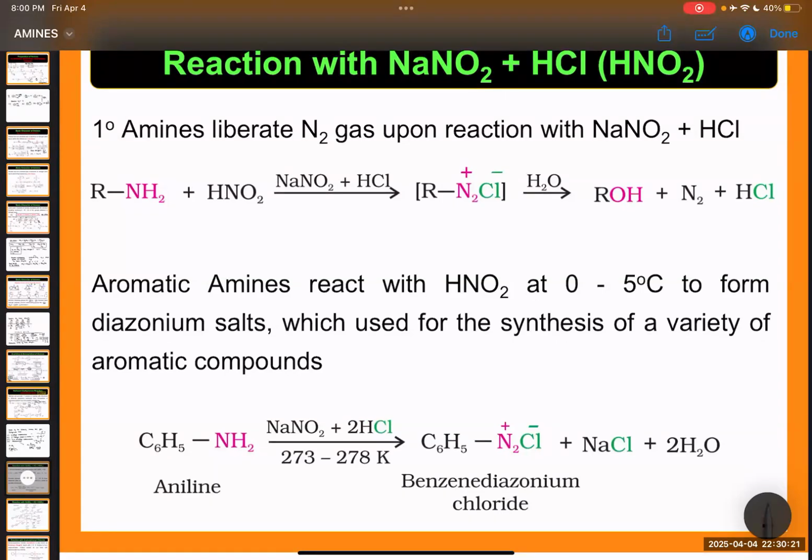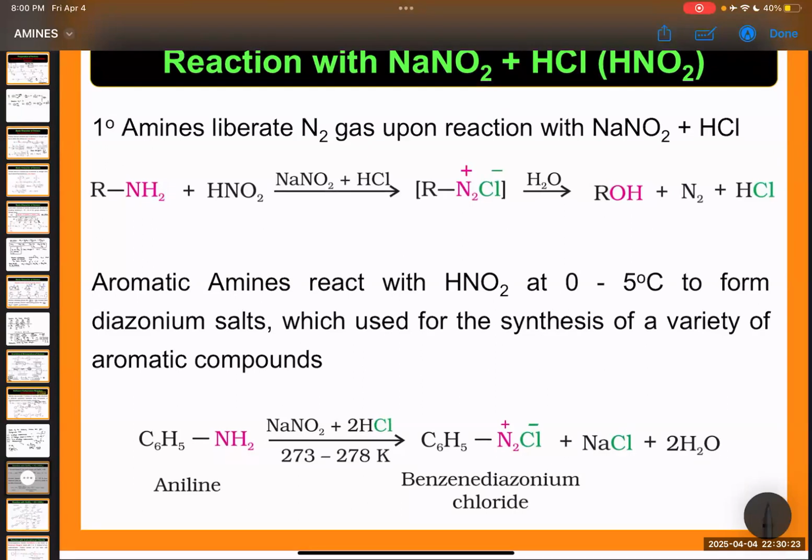Yes, sir. So when you react with NaNO2 plus HCl, you get a diazonium salt, N2 plus and Cl minus. Upon heating, this breaks, giving us N2 gas, and the water gets attached to the carbocation, and you have an alcohol.